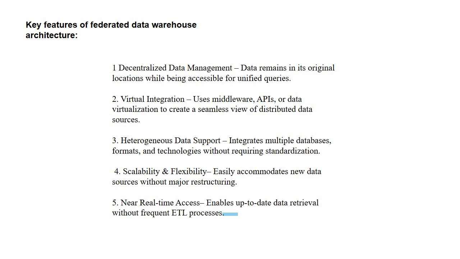Second is virtual integration, which uses middleware, APIs, or data virtualization to create a seamless view of distributed data sources. This is a main key feature of the federated data warehouse architecture in data warehousing and data mining.